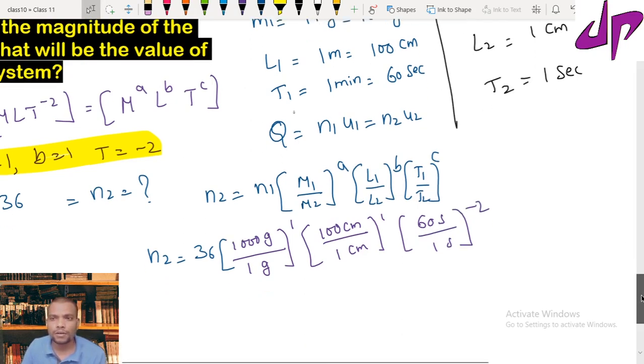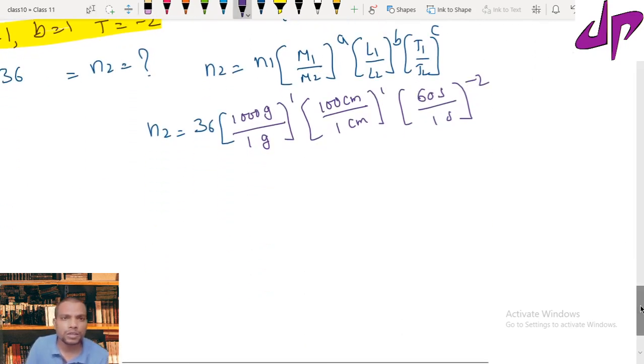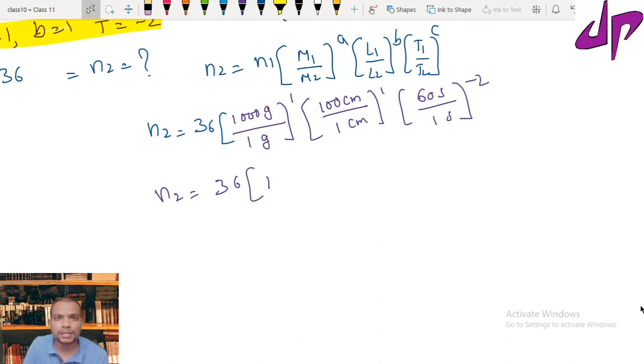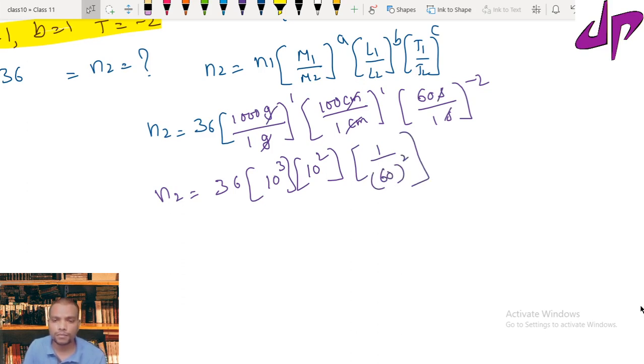Now to find the quantity N2, we need to simplify. N2 equal to 36, grams get cancelled, it becomes 10 power 3, and here 10 power 2, centimeters get cancelled, and here seconds get cancelled. So here you get 1 over 60 square.